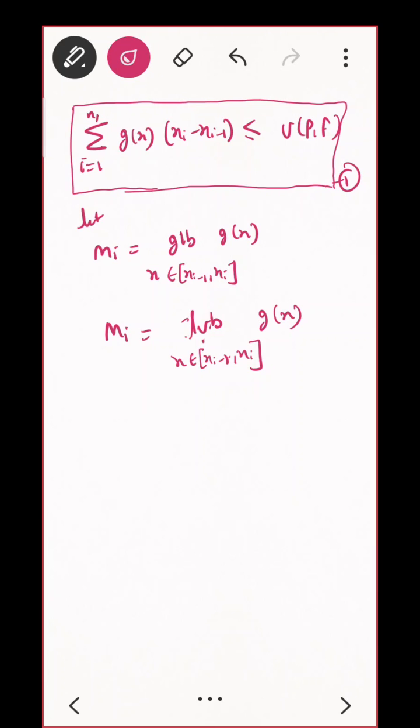Is it okay? Now since we know that function g of x is integrable, correct? So can I say, what do you mean by integrable?